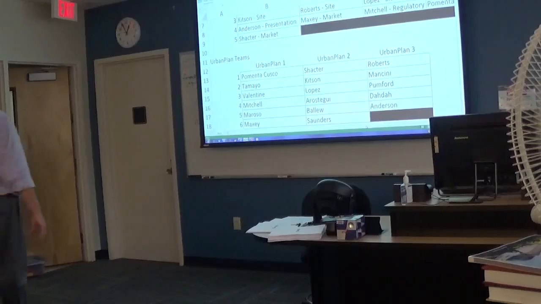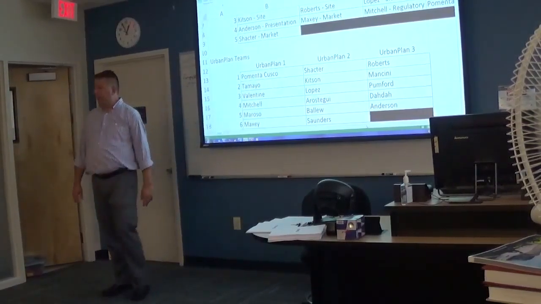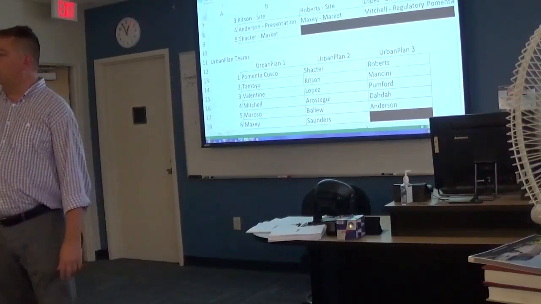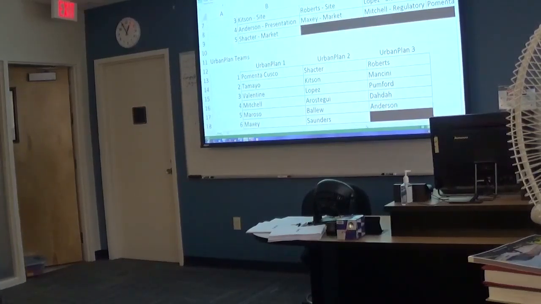Well, that is where the urban plan sort of steps in. Effectively, each member of your group is going to represent one of those types of groups, okay? And ultimately, that helps you decide how to lay out your redevelopment plan.